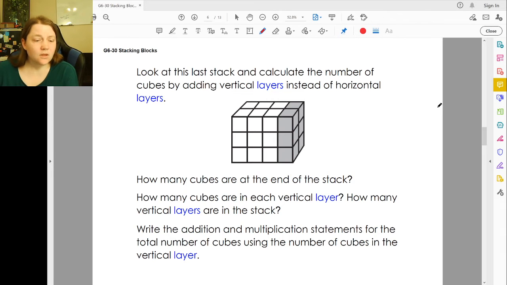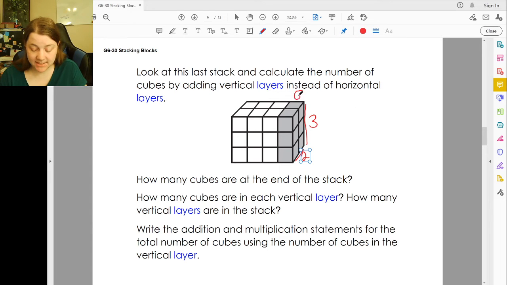Now, we could also do this by looking at the stack from other directions. We could look at this gray section, at this one slice, and we could see that there are 2 here, and there are 3 in this direction. And that means that in this gray layer, there would be 6.